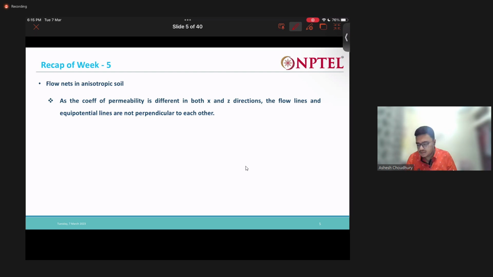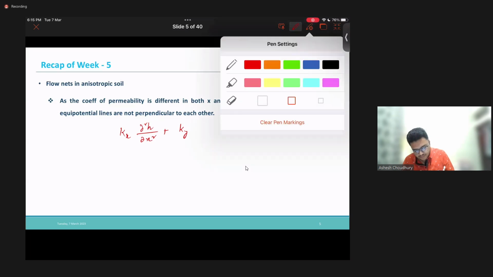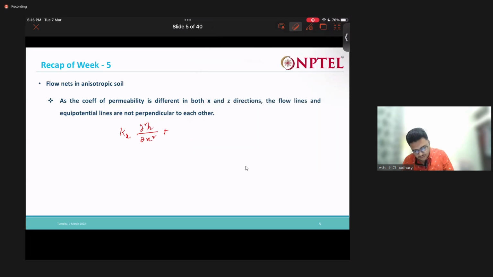So what will be my Laplace equation then for an anisotropic soil? It will be kx del square h by del x square plus kz del square h by del z square equal to 0.